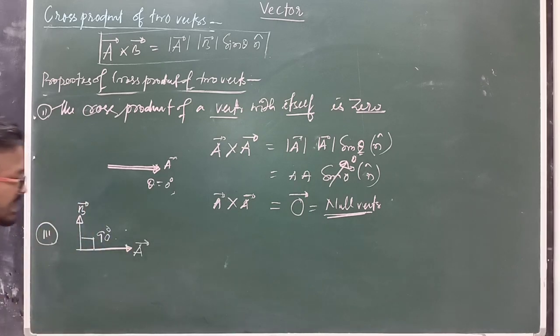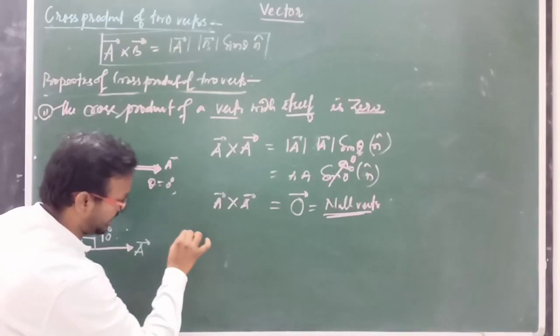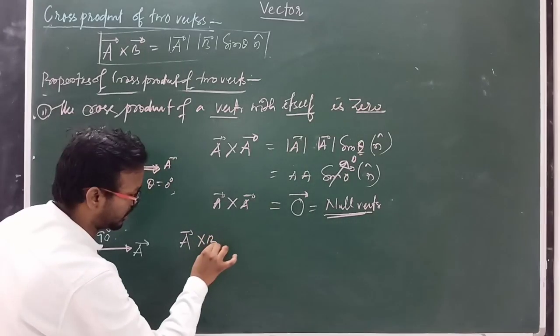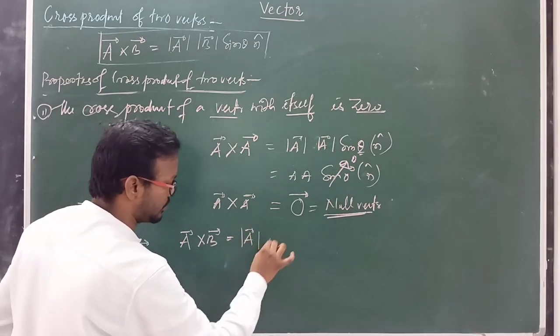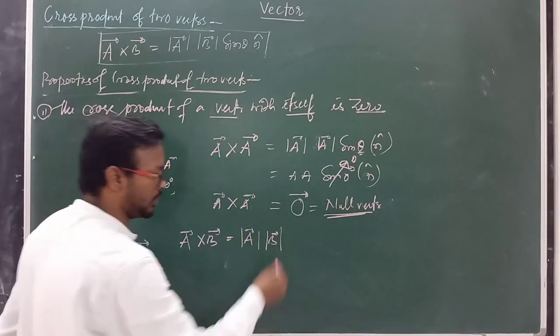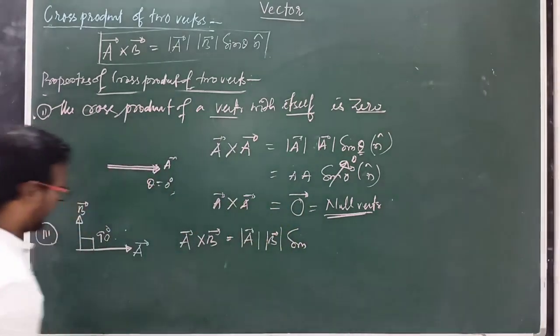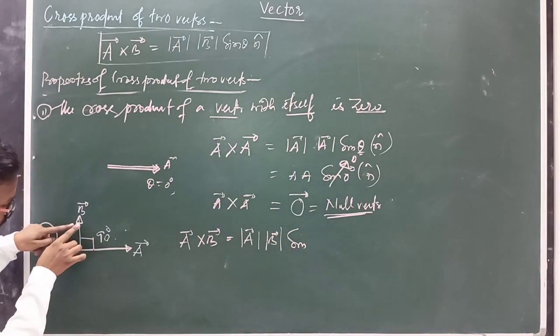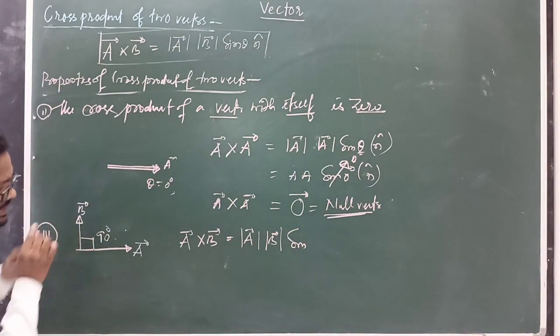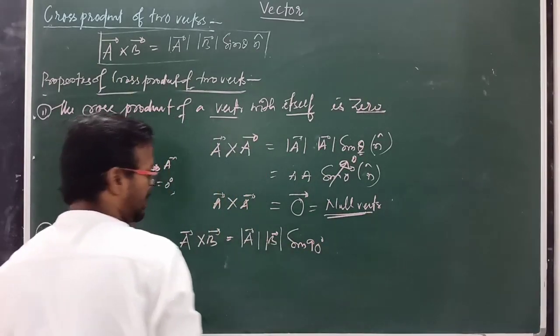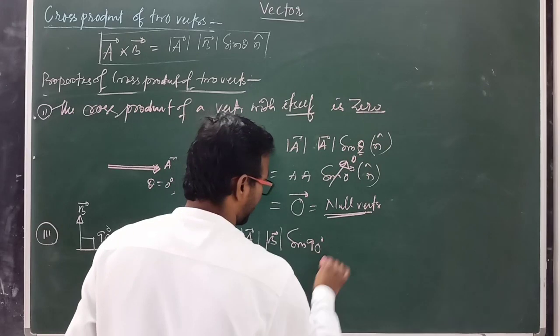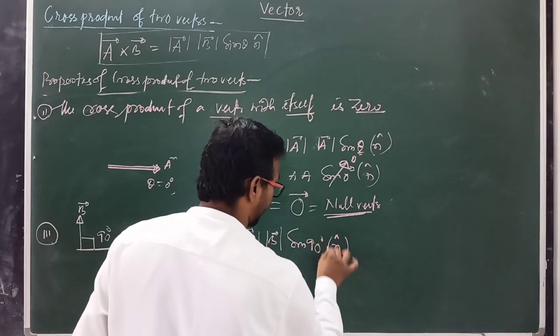So in this case, you can write A vector cross B vector equal to the A magnitude, the B magnitude, and sine of the angle between the two vectors, which is 90, so sine 90 degrees, into n cap.